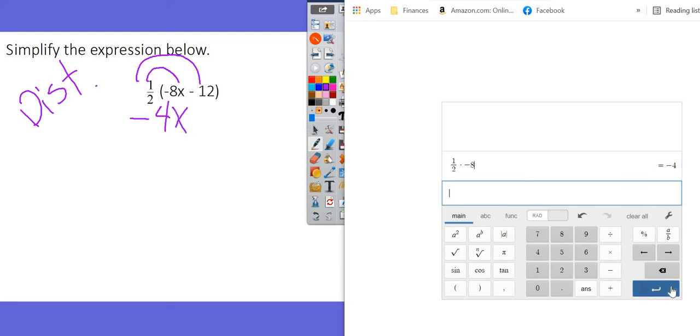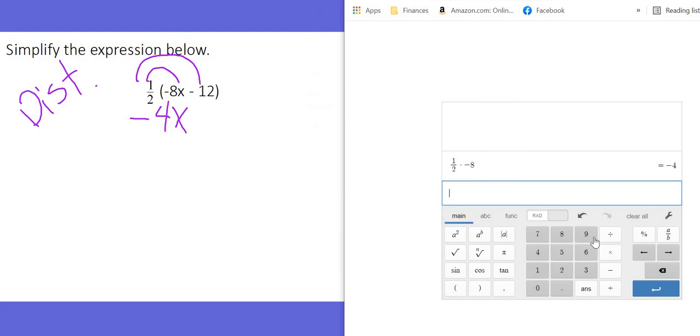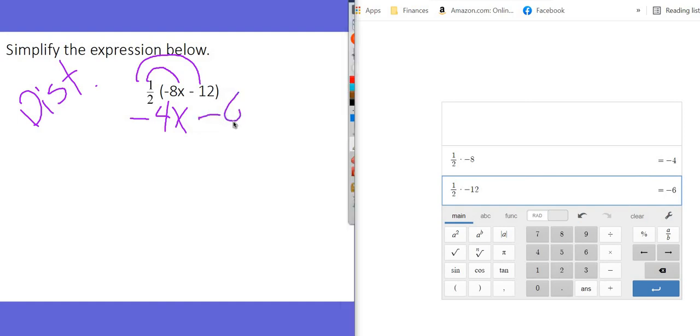On the next line, we're going to again multiply by 1 divided by 2, and multiply that by negative 12. You have to make sure to keep the sign there, and that gives you a negative 6. So this is your answer when you're simplifying using the distributive method.